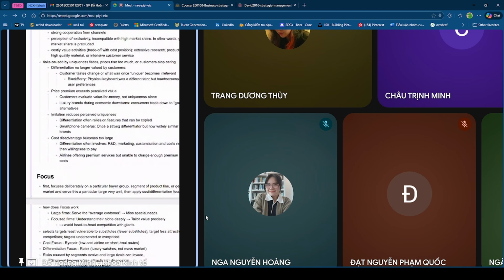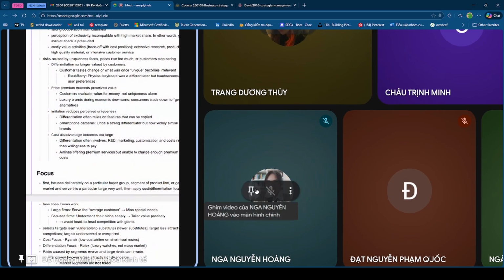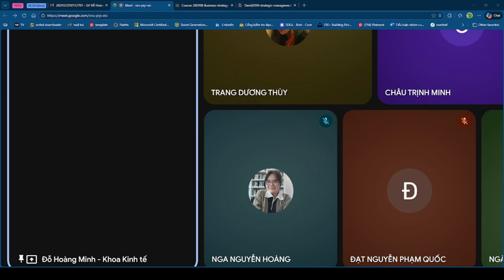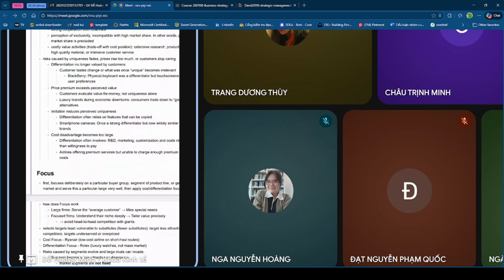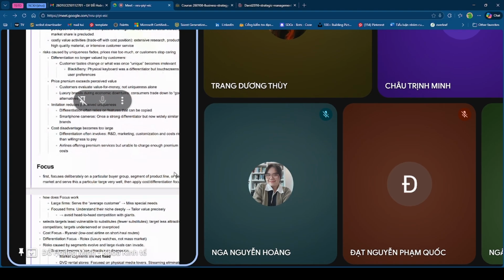Because sometimes your product is unique and the customer really appreciates it and it matters to the customer, and they are willing to pay a premium price. However, if that customer finds another choice, where they can have the product at a much lower price, there is a huge gap between the differentiation advantage and cost advantage, and we call it the strategic gap.